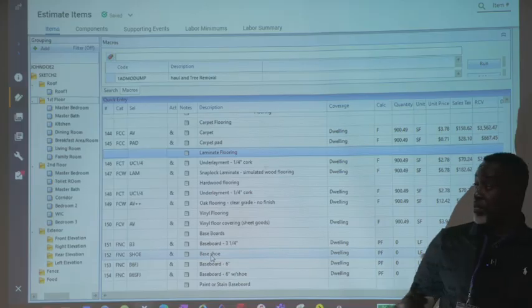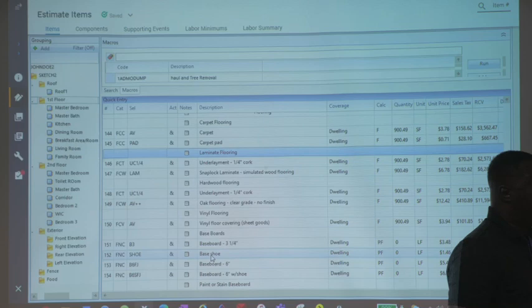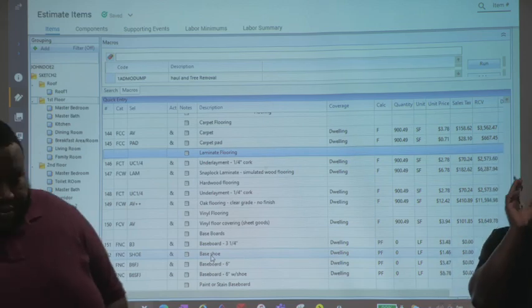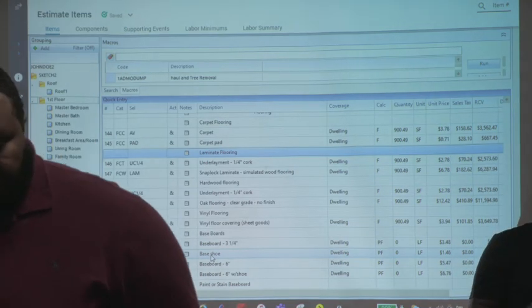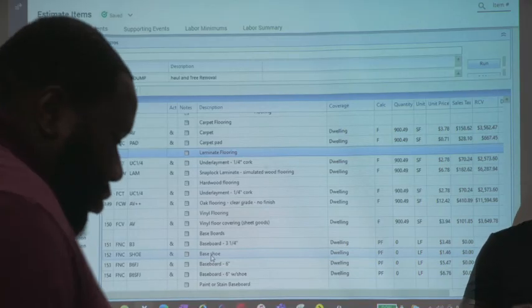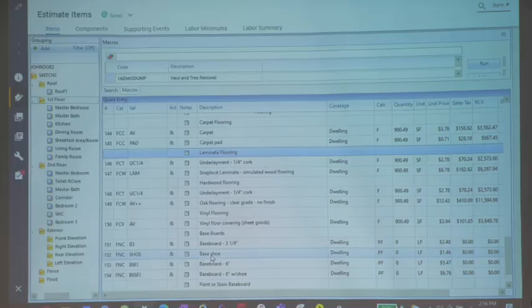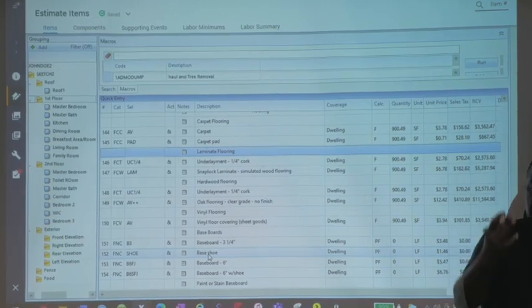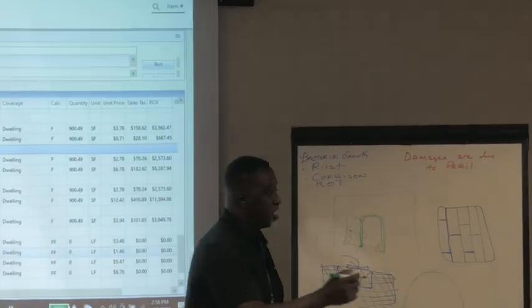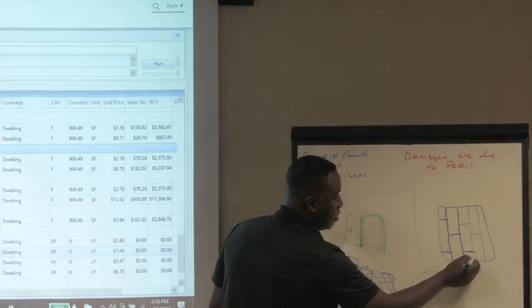In laminate flooring, when I say barely, you've got to shine the light to be able to find the joint. But with hardwood flooring, it's highlighted, you can't miss it, because the joints are going to be beveled. Each plank is going to be beveled so that you're going to see a joint everywhere you go.